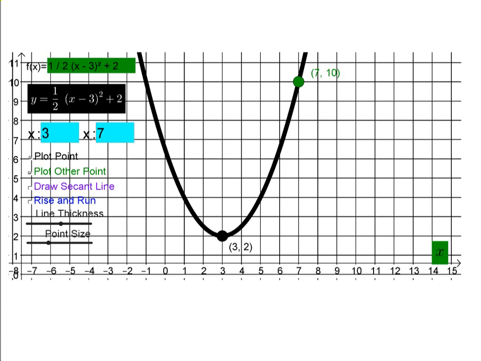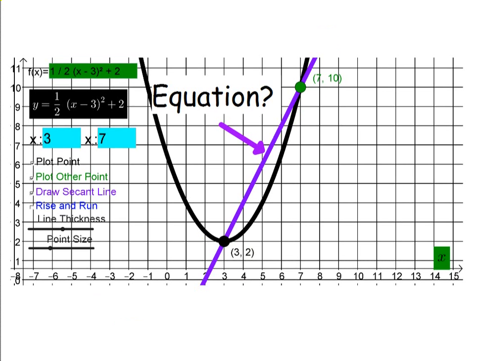Here is the graph of our function. It's a parabola. Now notice I have both points labeled here, (3, 2) and (7, 10) on the graph. Now the secant line is just the line that connects these 2 points. And you don't have to draw any of this. But it looks like that.